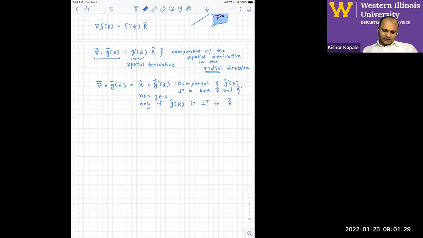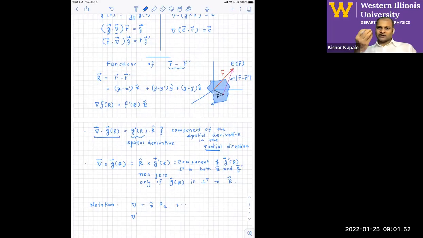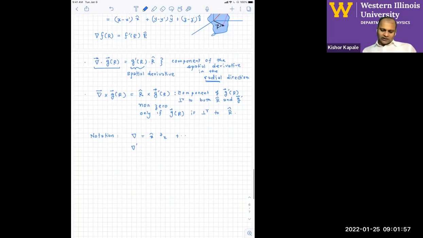Okay, just for notational sake, when you have the gradient, I'm just going to define, and I think we wrote this earlier, del x and so on, right? I'm not going to write down the whole thing. We sometimes use del prime because now we have two coordinates, r and r prime. You may want to sometimes figure out how the charge distribution itself is changing.